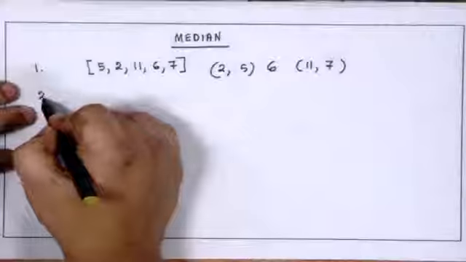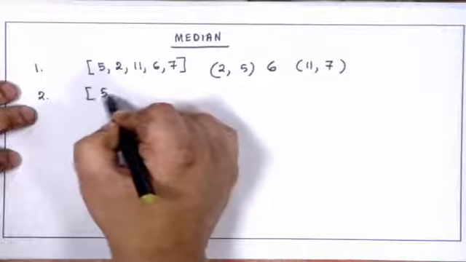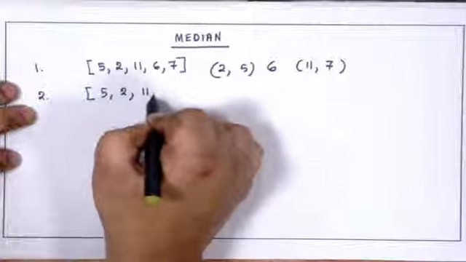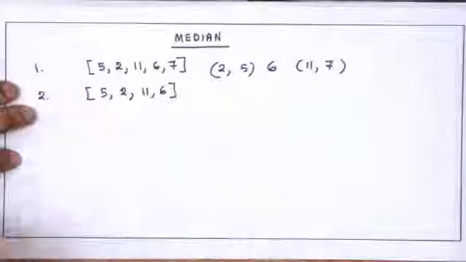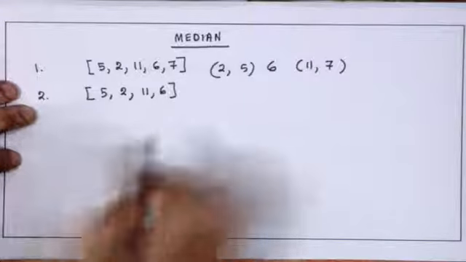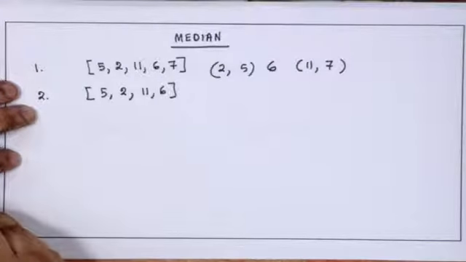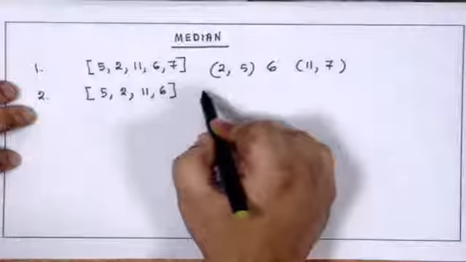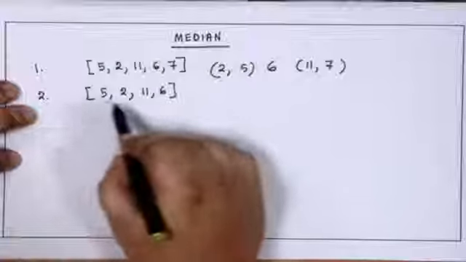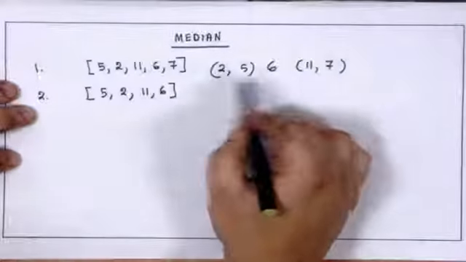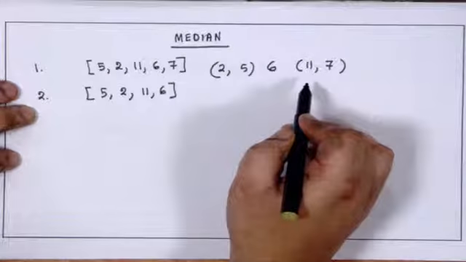On the other hand, if we had taken 5, 2, 11 and 6, then what would we define as median? If we choose a single element as median, then we would find it difficult to find equal number of elements on both sides.